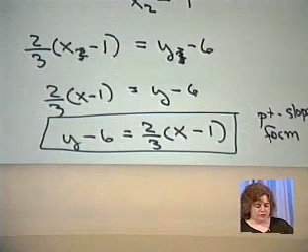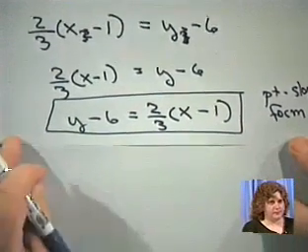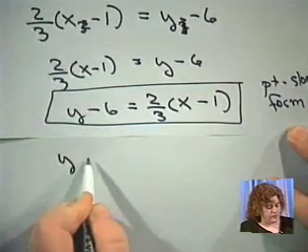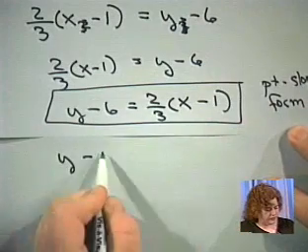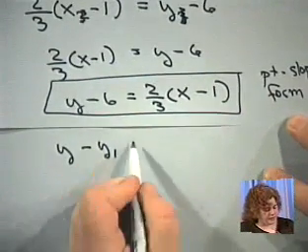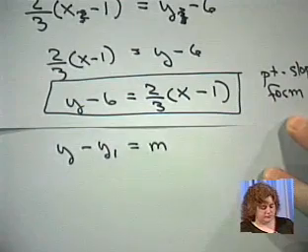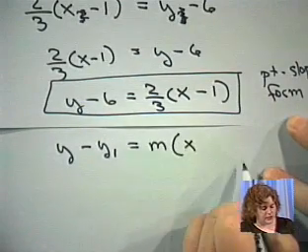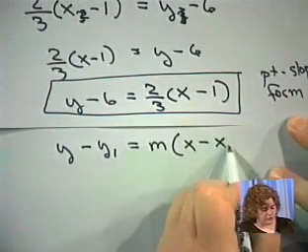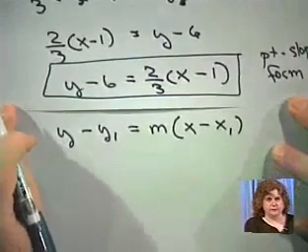What do we have? We have a generic y minus the coordinate that we were given, that was the y1, and that's equal to the slope that we were given, times the generic x minus the coordinate we were given, which was 1.